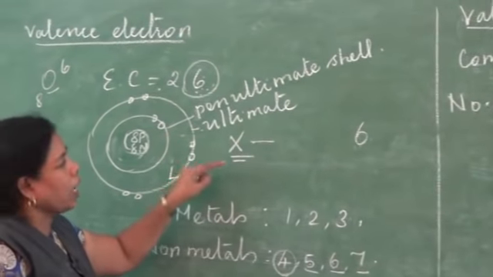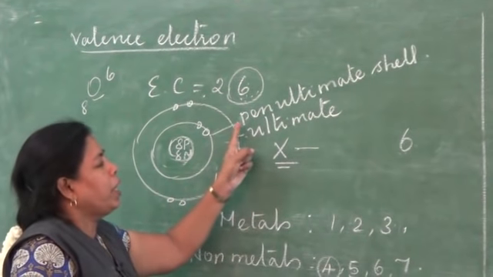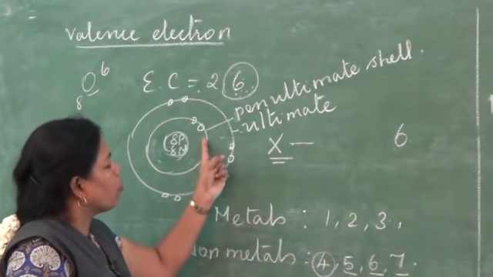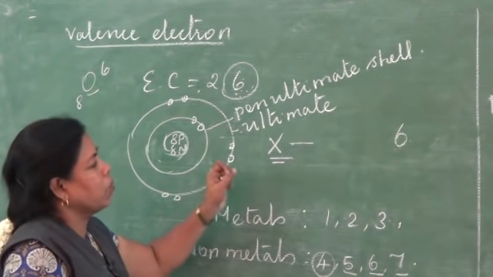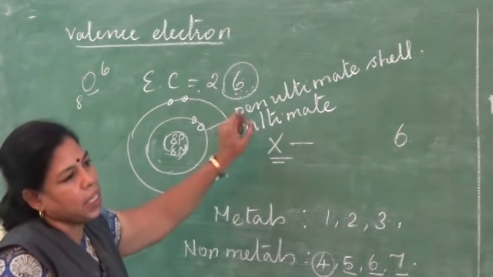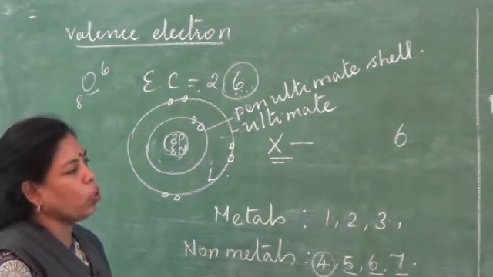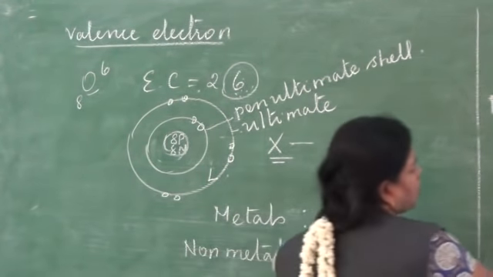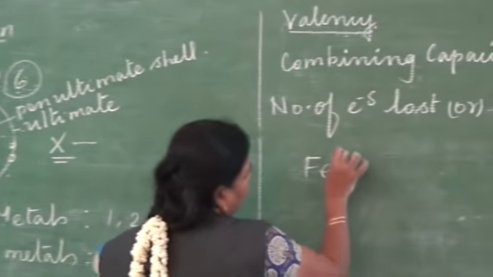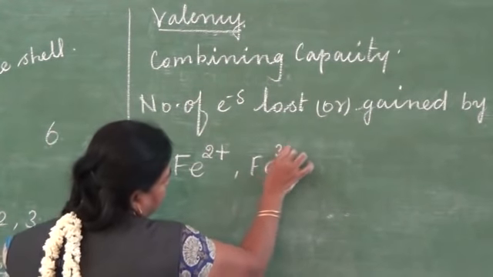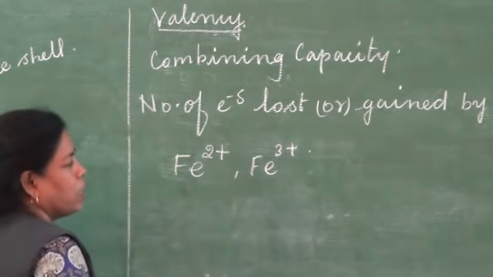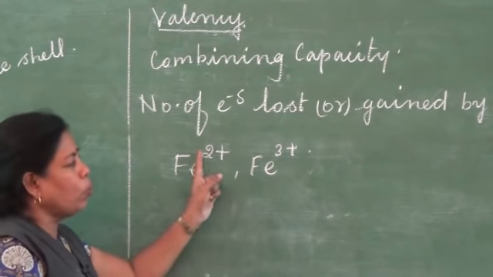Sometimes for attaining stability, penultimate electrons also jump from their energy level to a higher energy level. In that case, some elements show variable valency. For example, iron has 2 kinds of valency, Fe2+ and Fe3+.